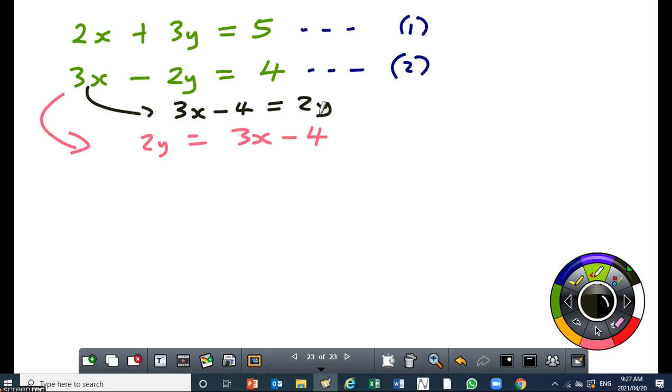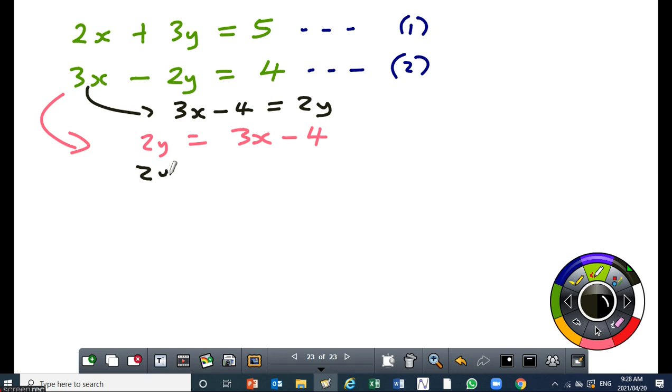So I'm going to call this one my equation 3. In fact, let's not call it equation 3 yet. Let me make y the subject. I'm going to divide both sides by 2 to make the coefficient of y equal to 1.